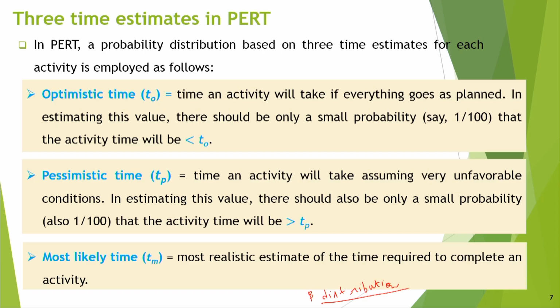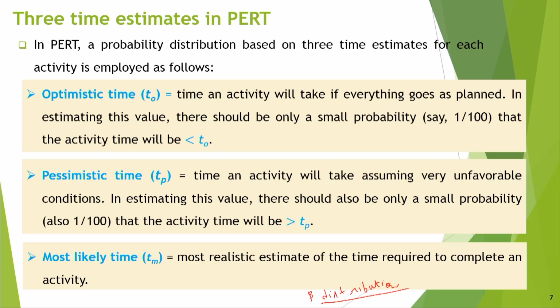Then pessimistic time is what an activity will take assuming very unfavorable conditions. In estimating this value, there should also be only a small probability, say 1 by 100, that the activity time will be greater than Tp. So, I would say that your 99% chance is that your actual time will lie between optimistic and pessimistic time. Okay.